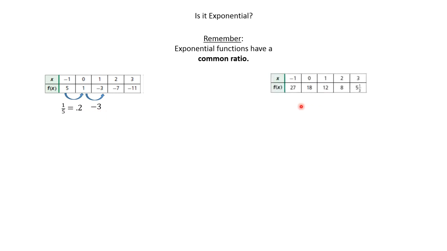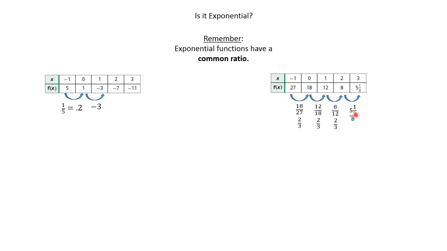So let's look at another one. The x's are going up by the same amount. Now let's look at the y's. 18 divided by 27 reduces to 2/3. 12 divided by 18 reduces to 2/3. 8 divided by 12 reduces to 2/3. 5 1/3 divided by 8 does in fact reduce to 2/3.